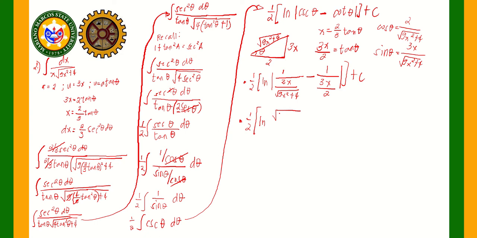So, our numerator will be the square root of 9x squared plus 4 over 3x, minus this one, 1 over, that is 2 over 3x, and then plus C. So that is our final answer for example number 2.